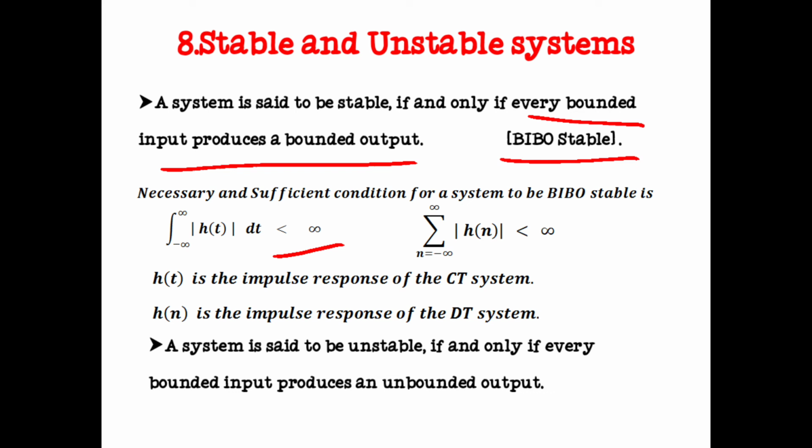And for a DT system, summation n equal to minus infinity to infinity of modulus h of n should be less than infinity. So what is h of t? h of t is the impulse response of the CT system, and h of n is the impulse response of the DT system.